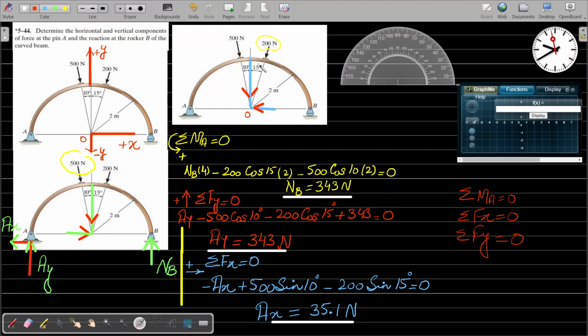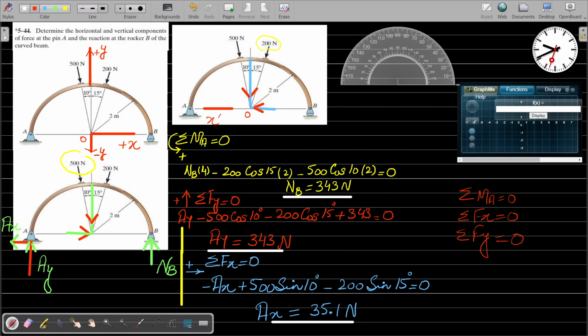The 200 Newton sin 15 component is towards the negative x, so it is minus.